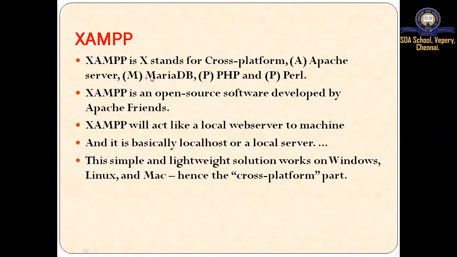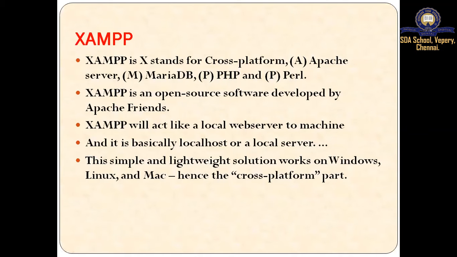M stands for MariaDB. The first P stands for PHP. And the second P stands for Perl. So Apache server is your web server. MariaDB is your MySQL database. PHP is your server-side scripting language.